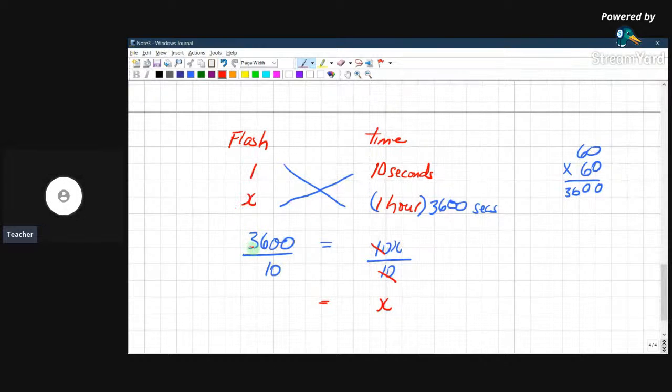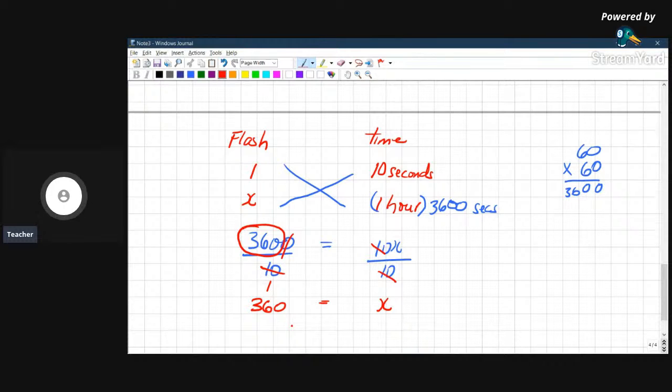And now 3,600 divided by 10. 10 into 10 is 1, and the 10 here will cancel off this one. So my answer here will be 360. So I write 360 here.